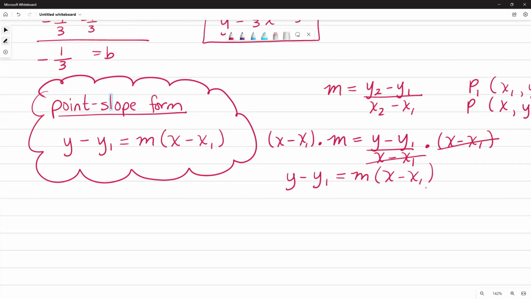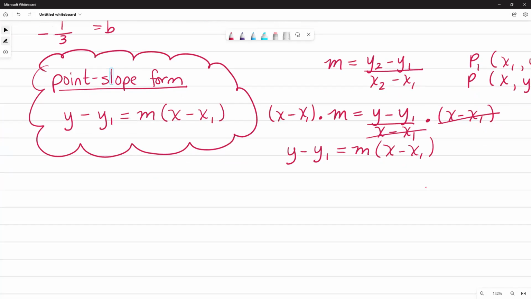Now let me show you how to actually use it, which I think will help make it make a little bit more sense. So let's go back to another version of our example 1. So example 2, we have the same information. They want us to write standard form equations.